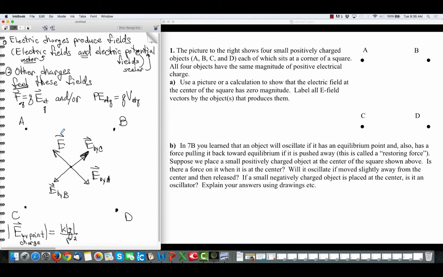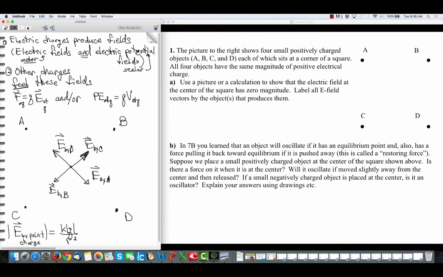Electric field by D points away from that positive. They're all four positive charges, so the electric fields point away. If you are at the center, then for each of them you draw a vector that points away from that charge.